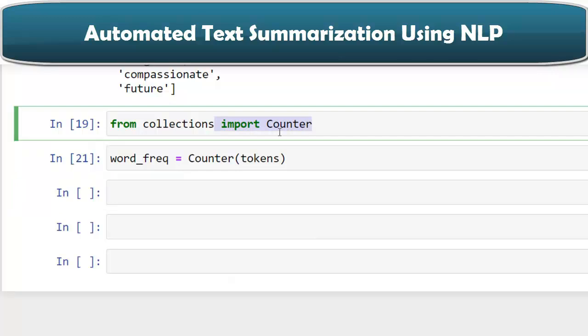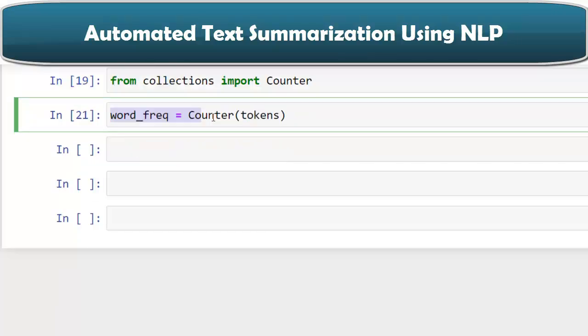Let's execute this cell. Please remember, the Counter class is a convenient tool for counting the frequency of elements in a list or any iterable. As we have seen, this line of code creates a dictionary called word_frequency that stores the frequency of each word in the list of tokens.